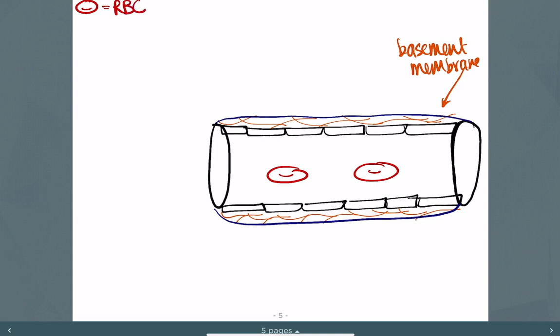We have inactivated platelets floating in the blood. I'm going to draw that as a circle with two surface glycoproteins. On its surface, you can see glycoprotein 1b. So this little Y guy is going to be glycoprotein 1b.